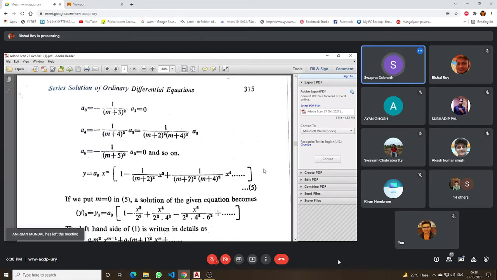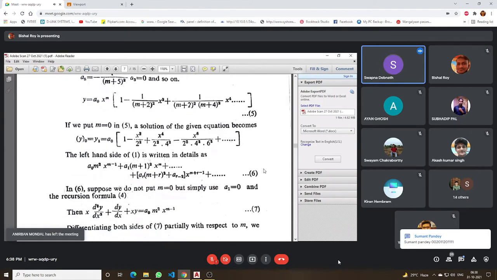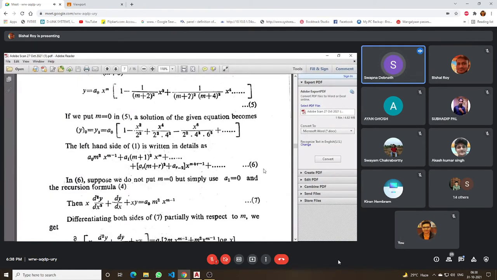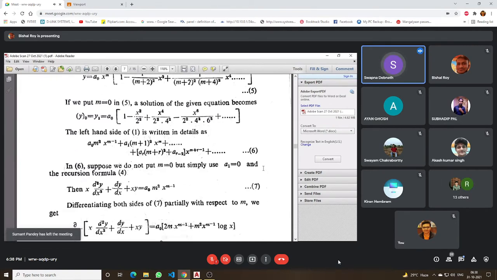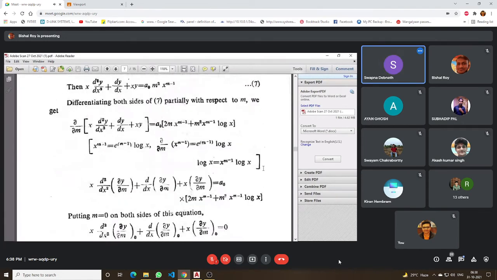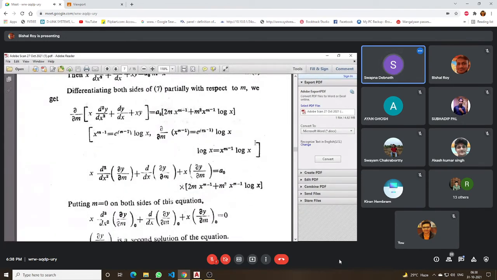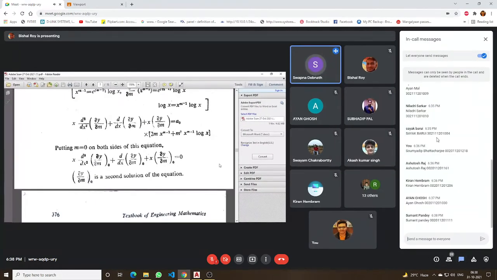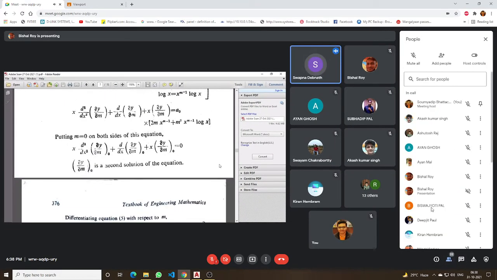Now, if we put m equal to 0, we get y1. This is one value, and the other value will be del y del m, which they have calculated by putting m equal to 0. Therefore, the total solution will be here.